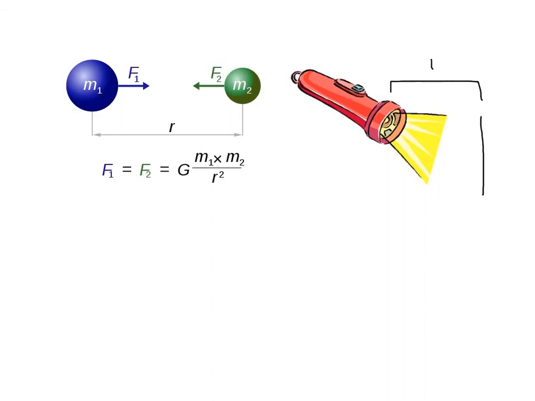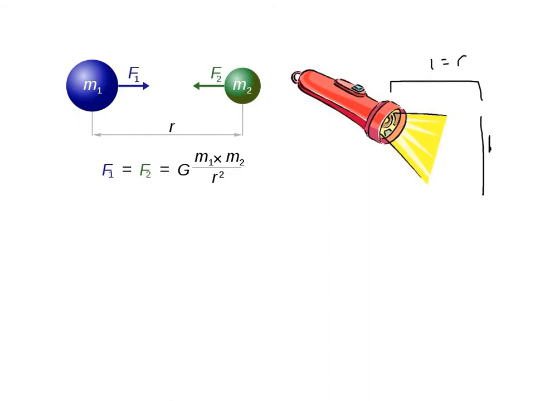Now the radius is going to be 1, and the size of the screen represents the force of gravity. So we'll just say that this is also 1. So the radius is 1 and the gravity is 1.